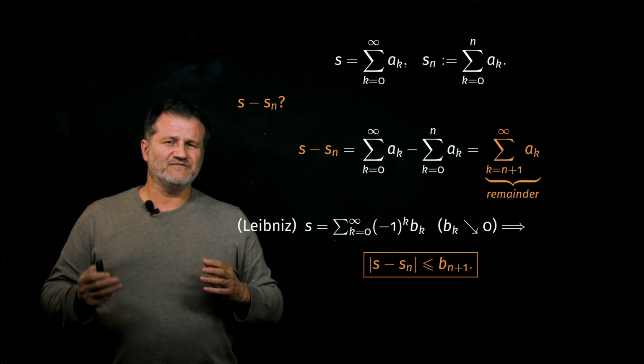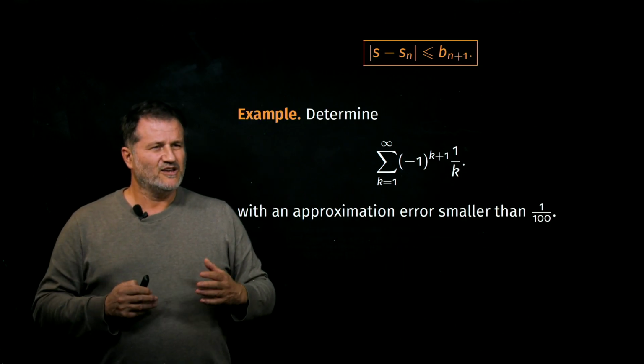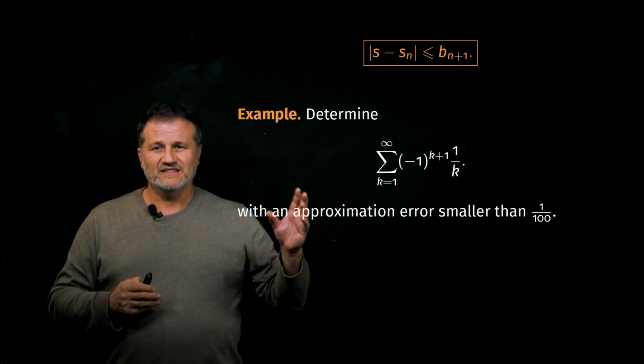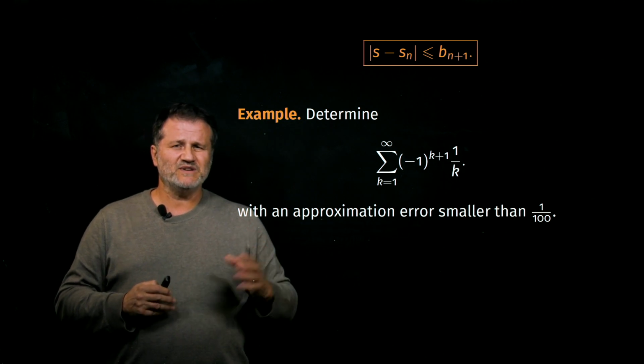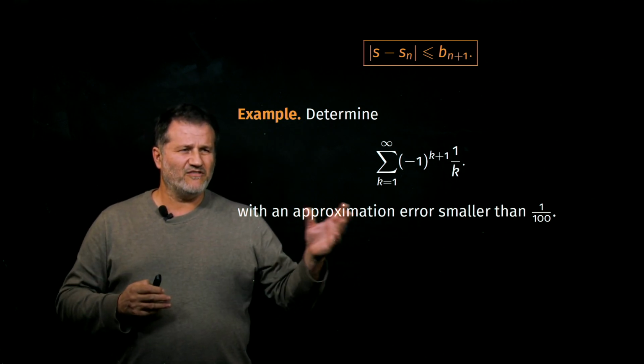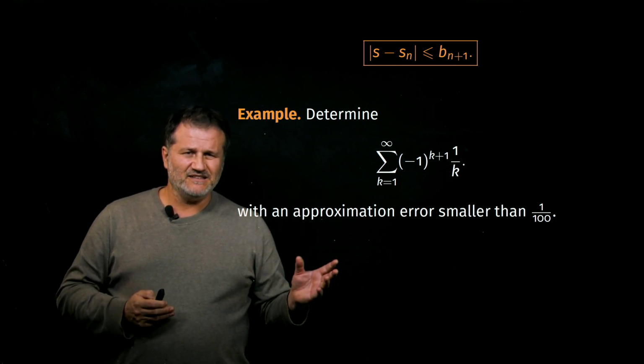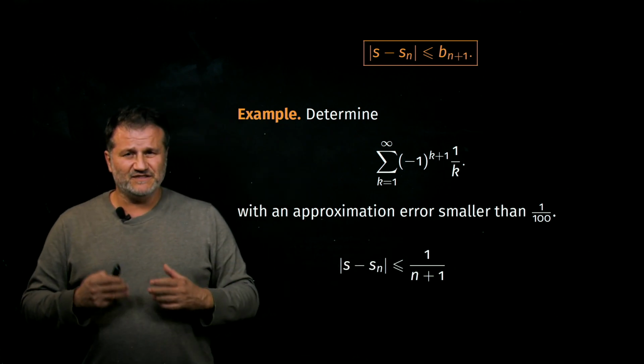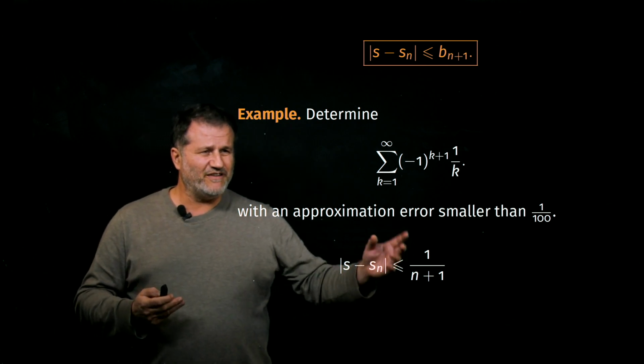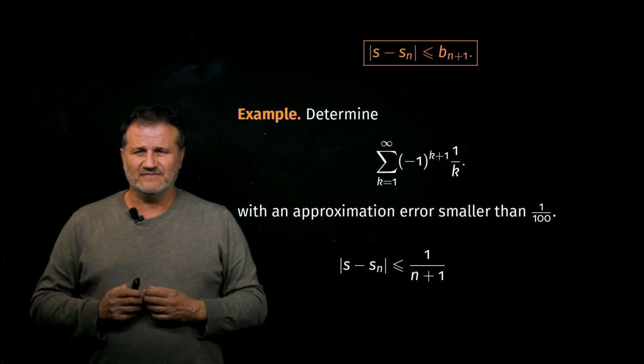Let's see how this information can be used. Suppose we want to determine the sum of the logarithmic series with an error of less than 1 over 100. From the Leibniz estimate, the absolute value of the error is less than 1 over n plus 1 in this case.